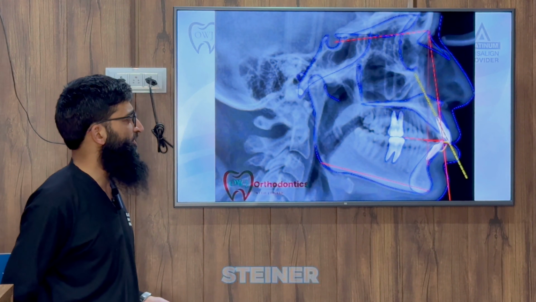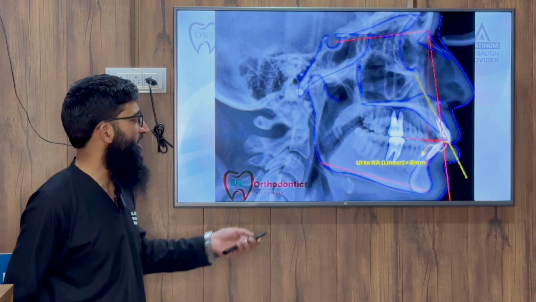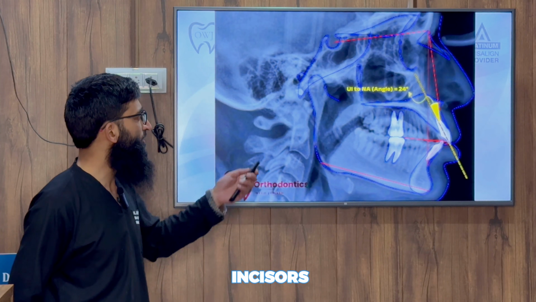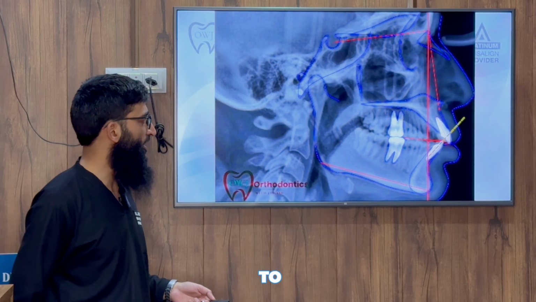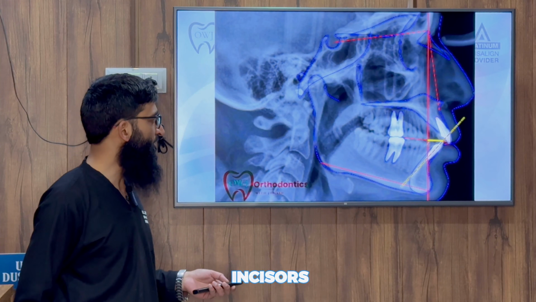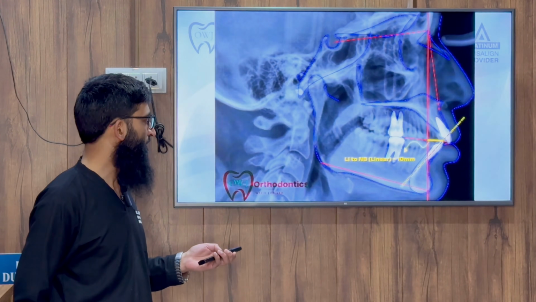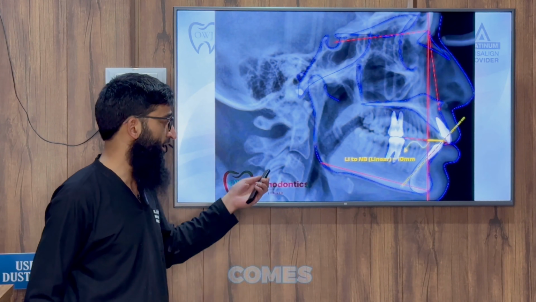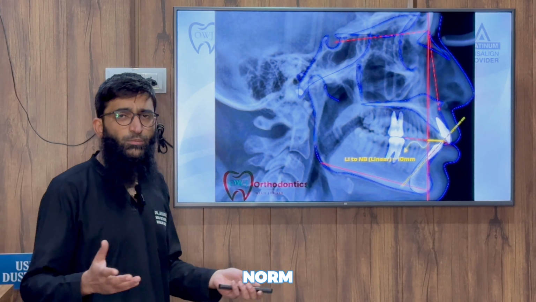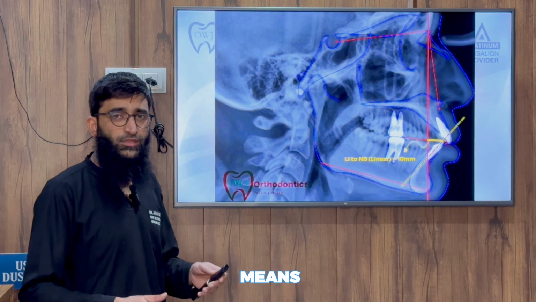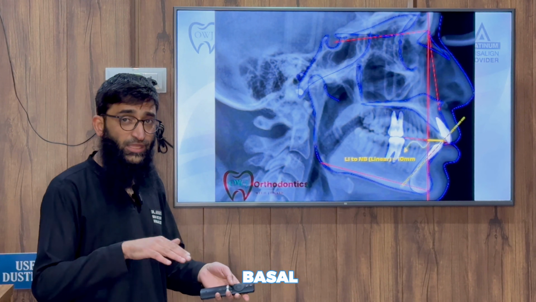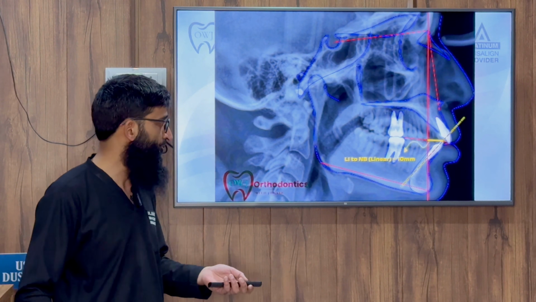Coming on to Steiner's, upper incisor to NA comes out to be 8 mm, so forwardly placed upper incisors, with 24 degrees of upper incisor to NA. Lower incisors to NB comes out to be 10 mm. The norm is 4 mm, but 10 mm means that the lower incisors are 6 mm ahead of the basal bone of the mandible.